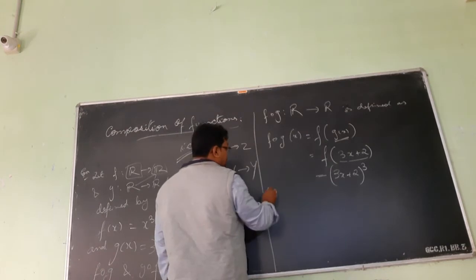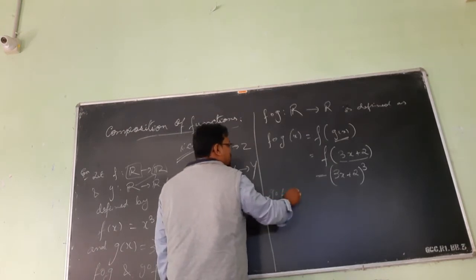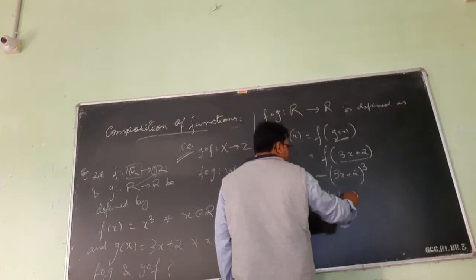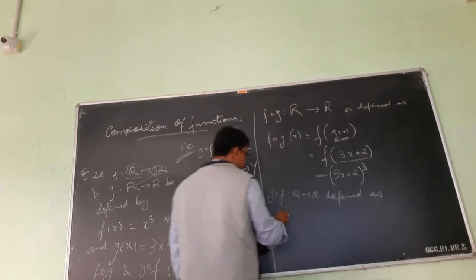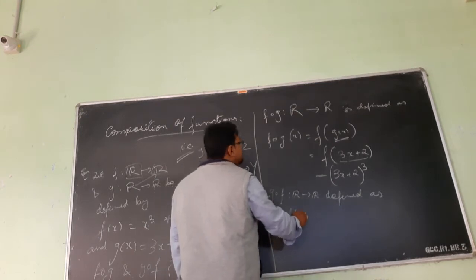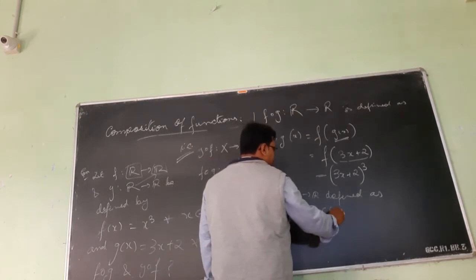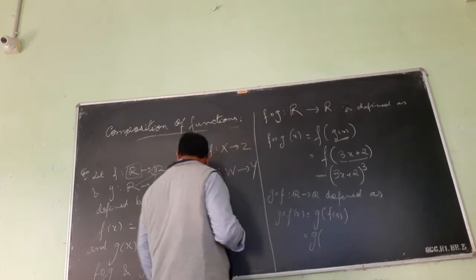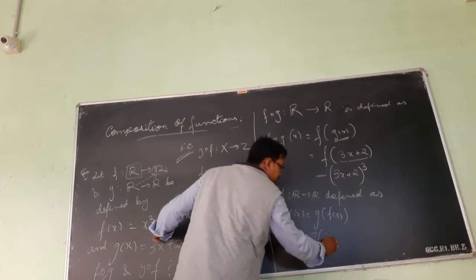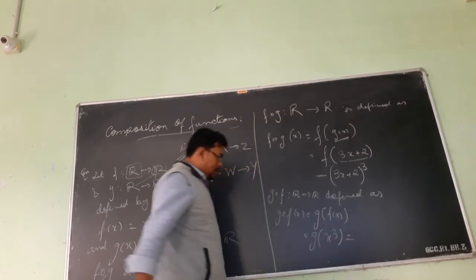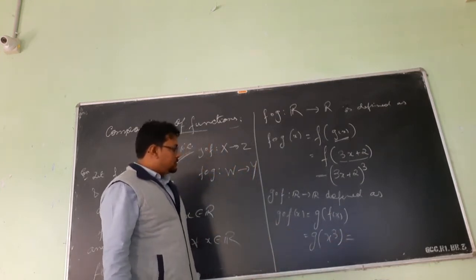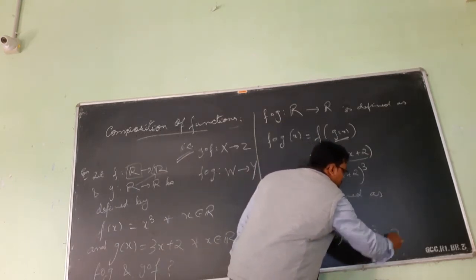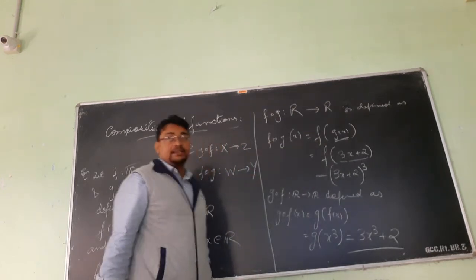Then g∘f from R to R is defined as g∘f(x) = g(f(x)). f(x) is x cubed, and then apply g, which gives 3x cubed + 2, since x cubed is acting like x.